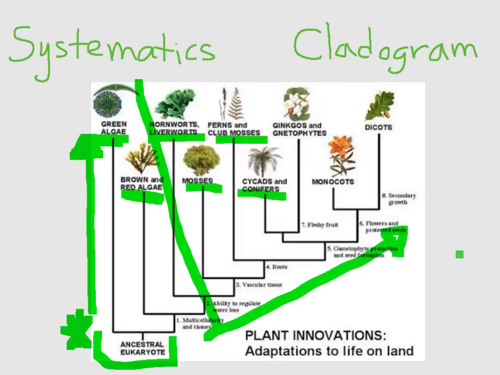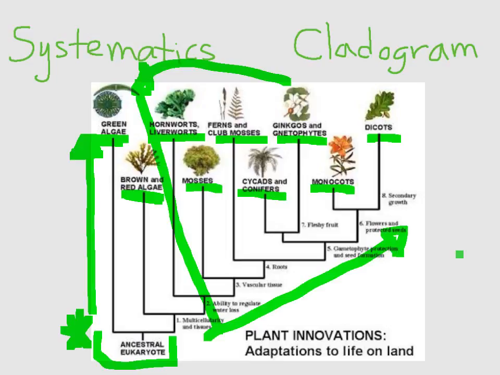Then we will have some types of plants that you know very well, such as pines or conifers, which are also considered living descendants of the past plants, or very ancient plants. And then we will have the most modern plants, which are monocots and dicots. In other words, the plants that produce flowers and seeds, but they're going to be a little bit different.